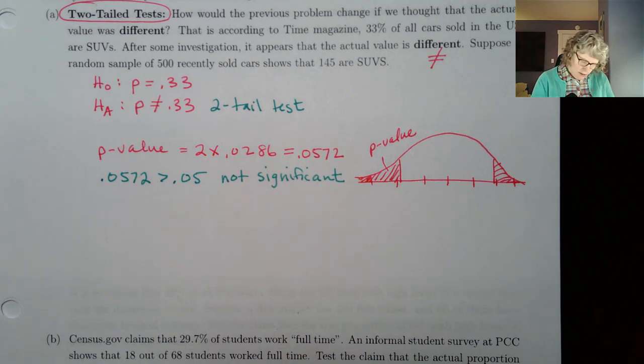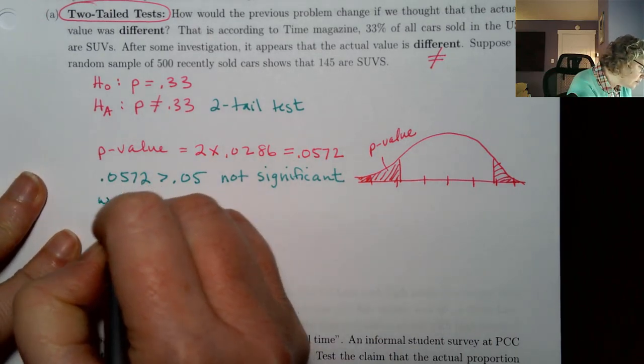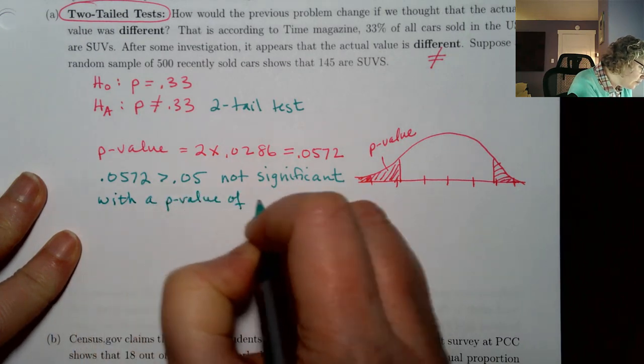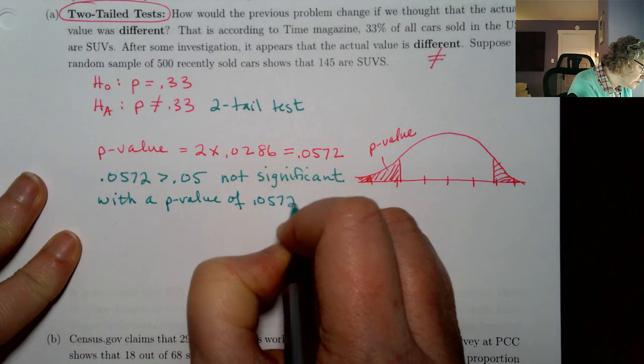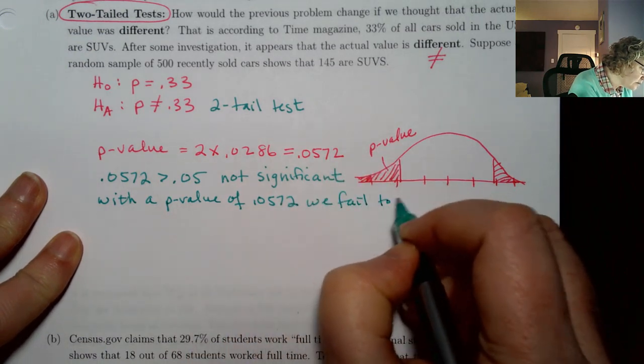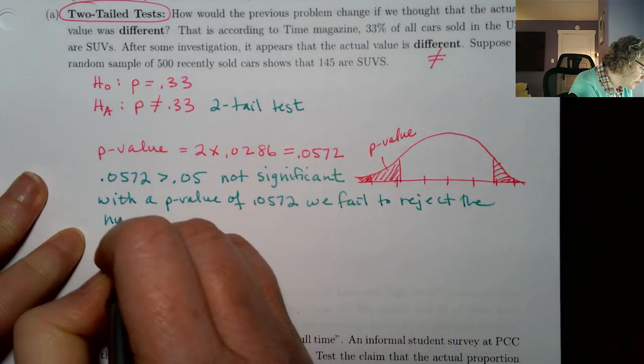Okay, so let's go ahead and write our conclusion. So this one's going to be worded a little differently. We're going to say with a p-value of 0.0572, we fail to reject the null hypothesis.